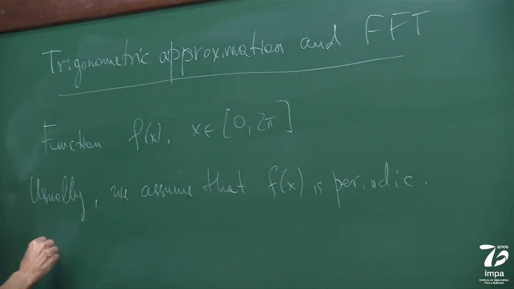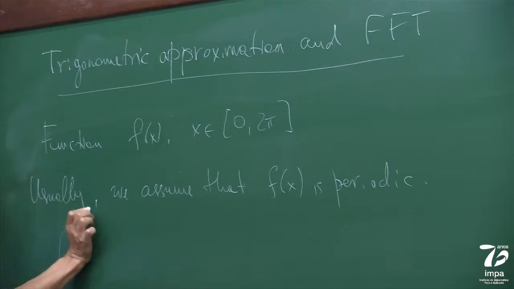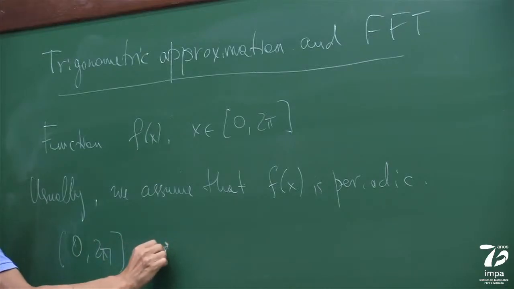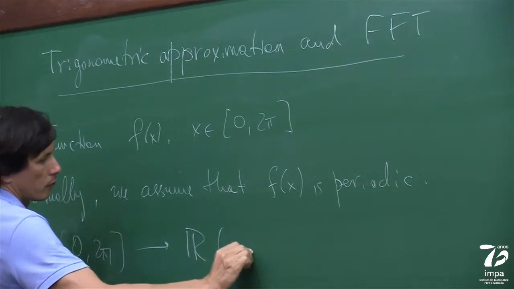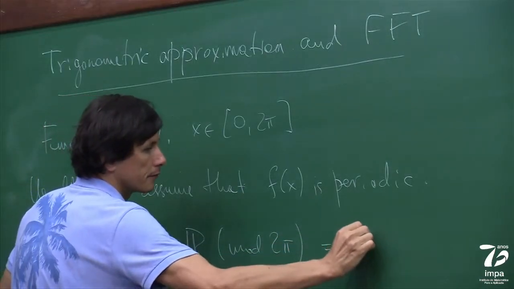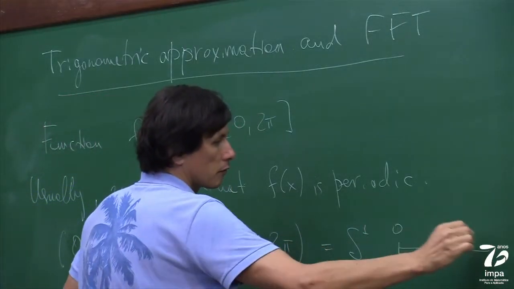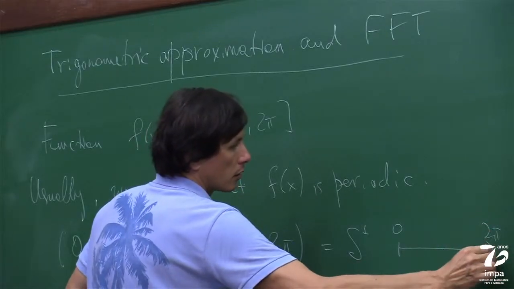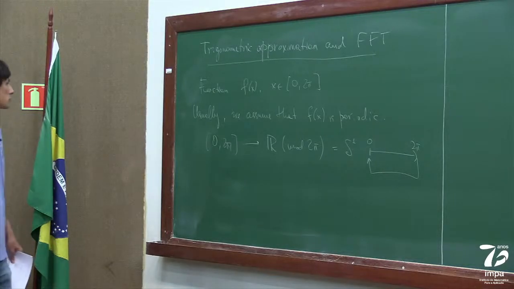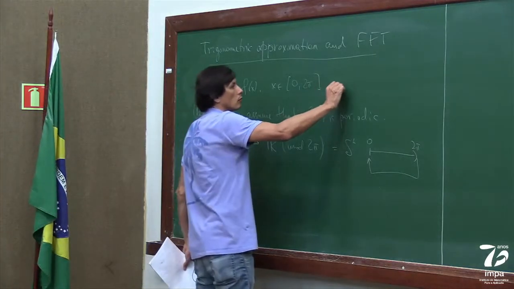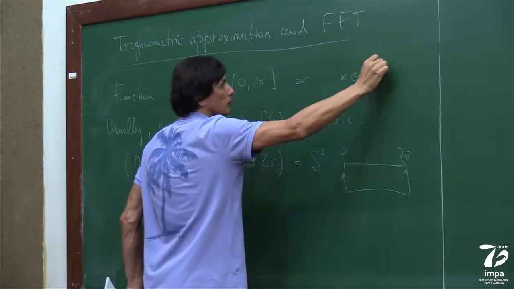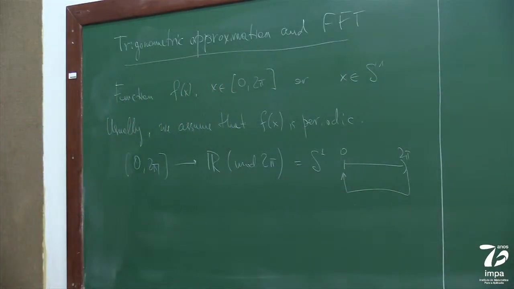So essentially, instead of the interval, we consider the line modulo 2 pi, which is just a circle. So you have an interval from 0 to 2 pi, and this point is associated with the first, right? So we consider the function where x is a point on the circle.